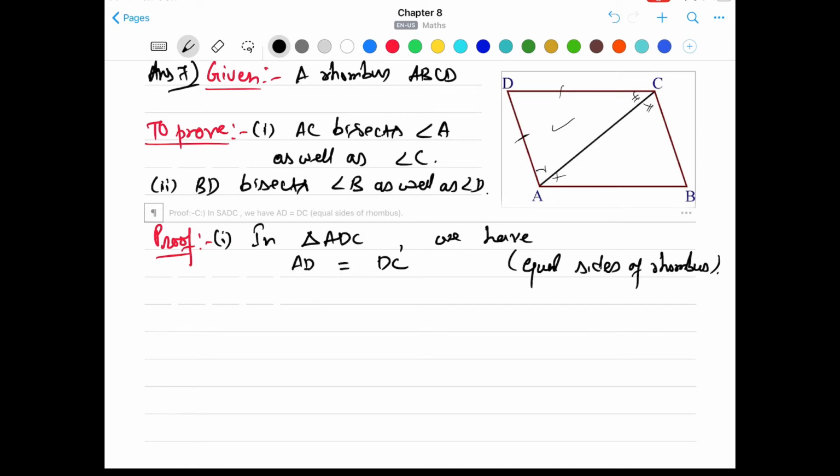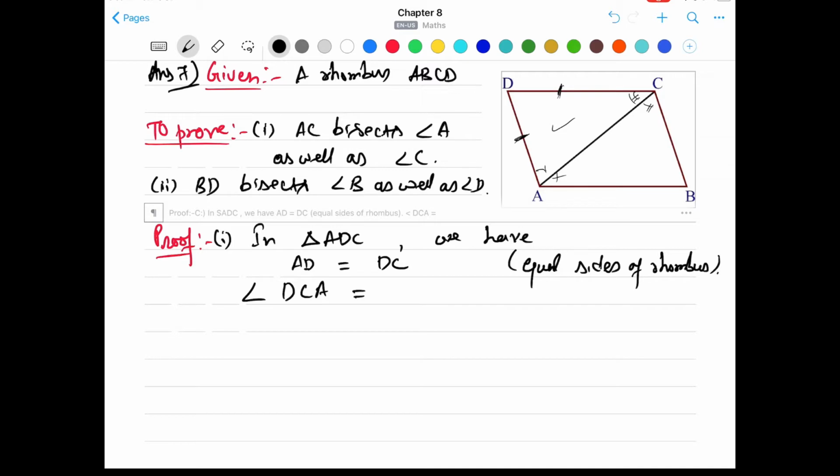So if these sides are equal, then their opposite angles have to be equal. We have studied the theorem in chapter 7, which is the Isosceles Theorem. It says the angles opposite to the equal sides are equal. So if these sides are equal, the angle opposite to AD is angle DCA. That means angle DCA will be equal to the angle opposite to DC, which is angle DAC.